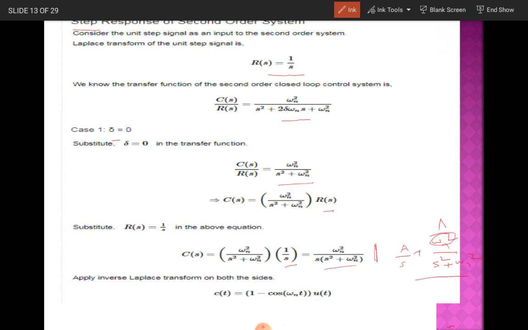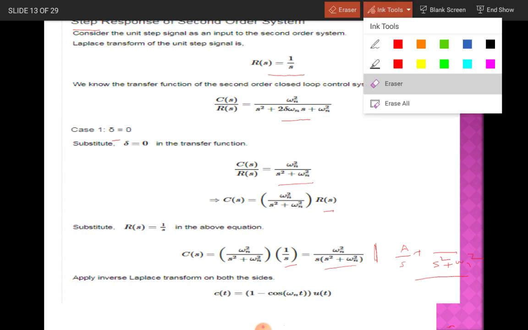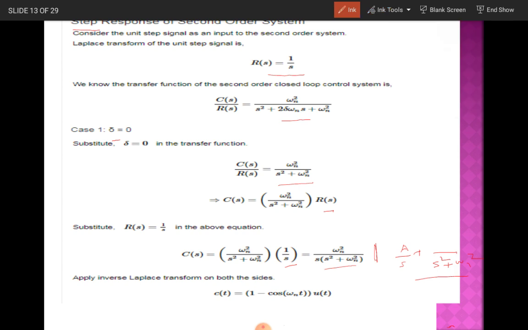This can be written as some b divided by, so you can find the coefficients a and b.